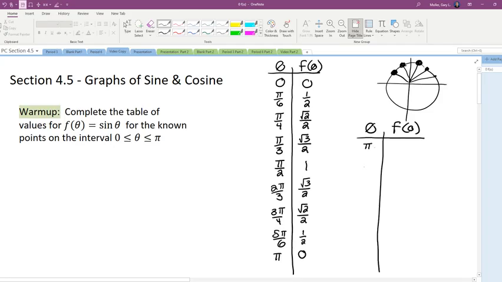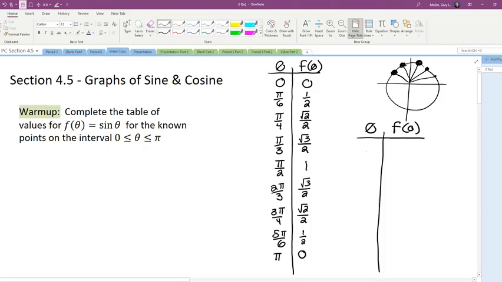Let's just do 3 pi over 2, and let's do 2 pi. Let's see. You know what? Let's do a little bit more than that. My apologies. Let's go back and do one more quadrant with the same values.